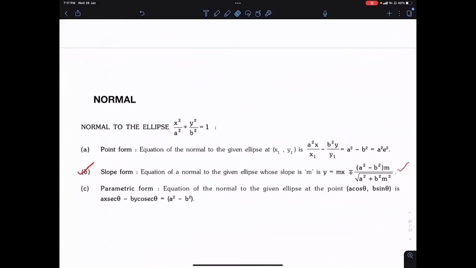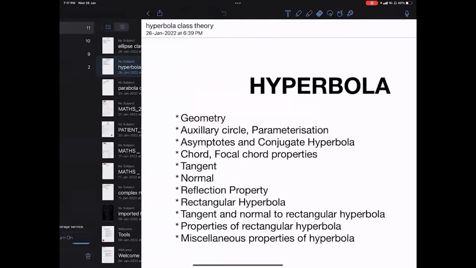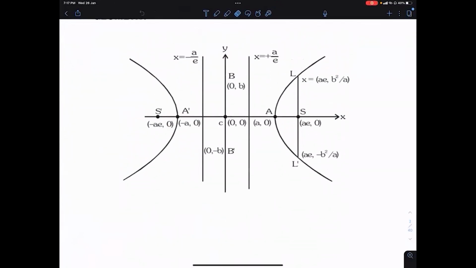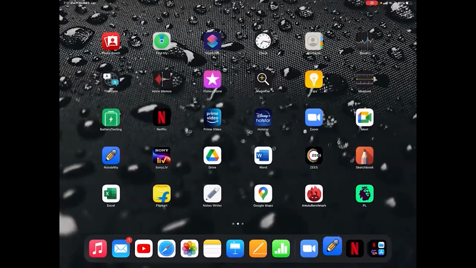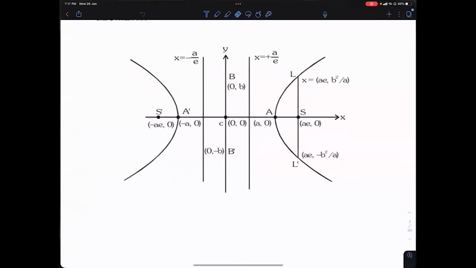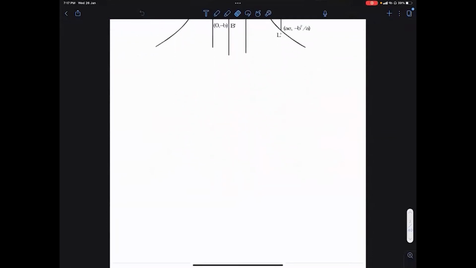Okay, let us see hyperbola now. Almost the same geometry for hyperbola. If you are having confusion about what is a and what is b in hyperbola: in an ellipse it is very straightforward, right?